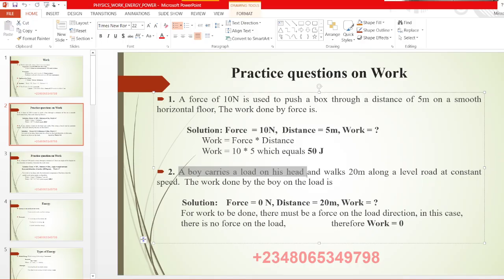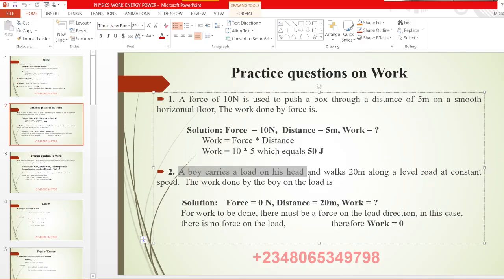If the question states that a boy pushed a load in a direction of 20 meters, then we can now say work is done. So on this particular question, the force being applied on that load is vertical, not in the direction of the load.